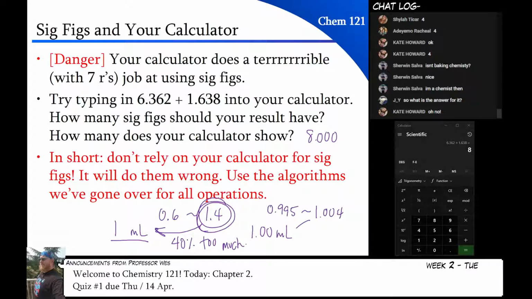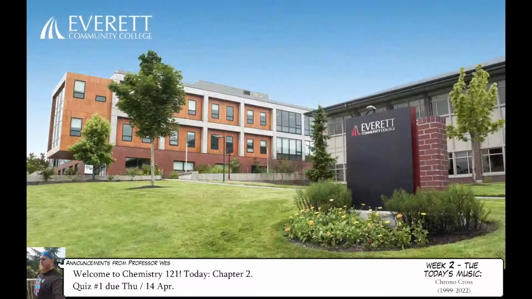If you need 1 milliliter, I'm going to roughly give you 1 milliliter; if I got 1.3, it rounds to 1. That's close enough. But if you need 1.00, I know I need a much better tool for this. You need more precision, and that could be very crucial. So don't overdose the patient. Make sure you are following the rules for sig figs. This is relevant in medicine, believe it or not.